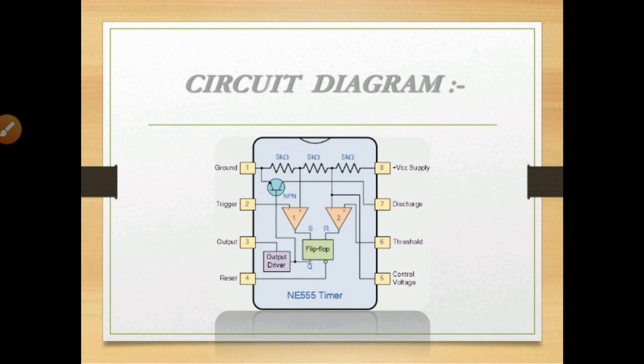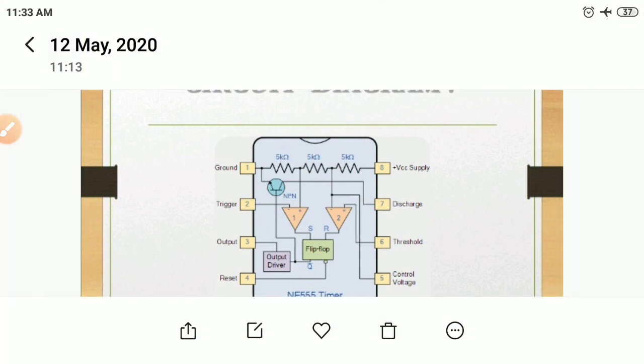It looks like a very small IC, a small integrated chip, but internally it consists of all these components, okay. This IC is used for various purposes, such as astable multivibrators, monostable multivibrators, and many more. The applications of this 555 timer IC and other things we will discuss in the next video, right? Thank you.